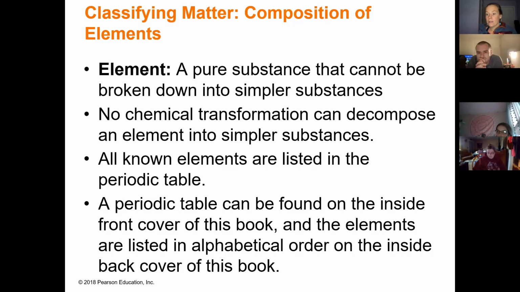What are the elements? There's about 118 of them, 120, depending on what periodic chart you're looking at. So you look at a periodic chart, all those things are examples of elements. Lithium, hydrogen, carbon, oxygen, sodium, all elements. We don't interact a whole lot with pure elements in everyday life.